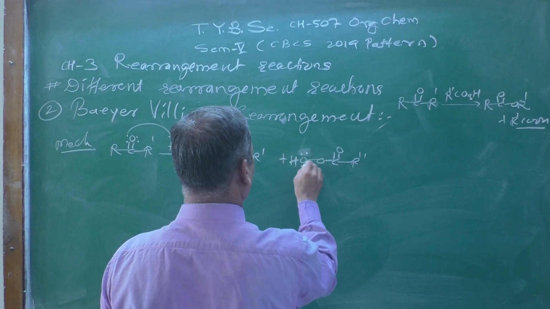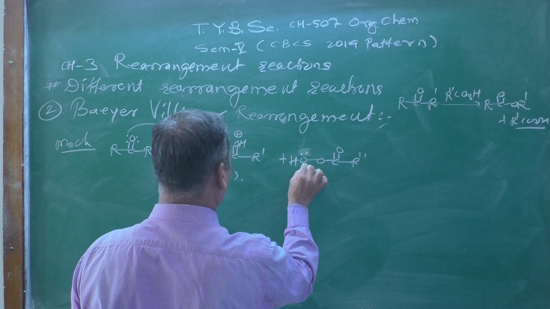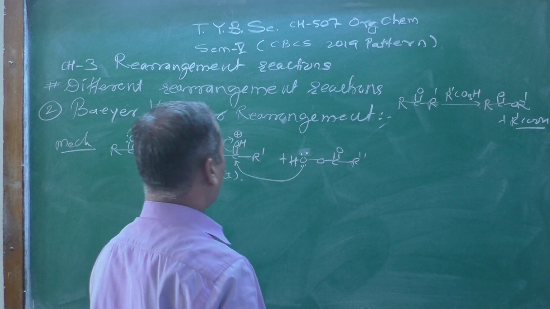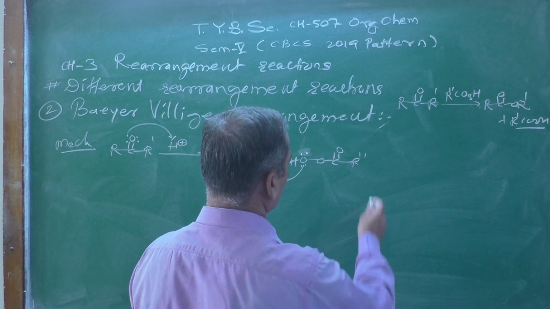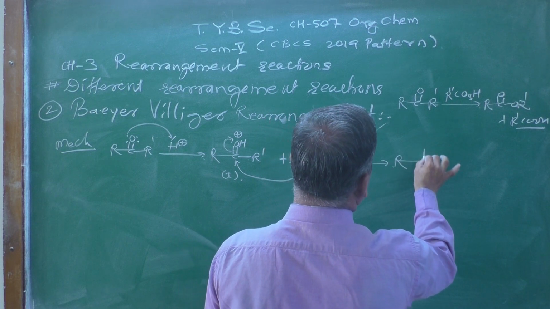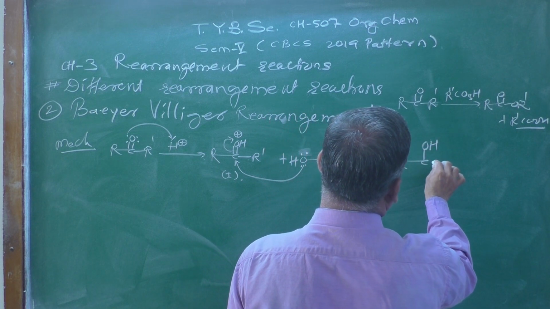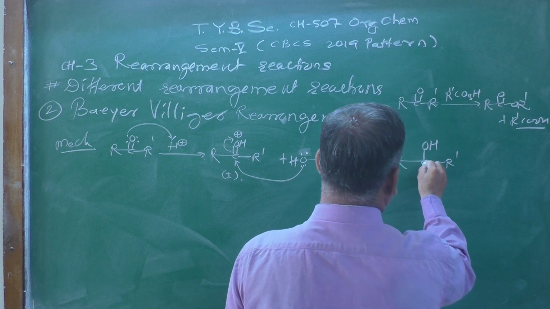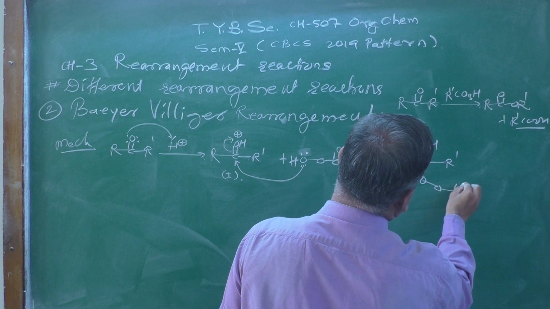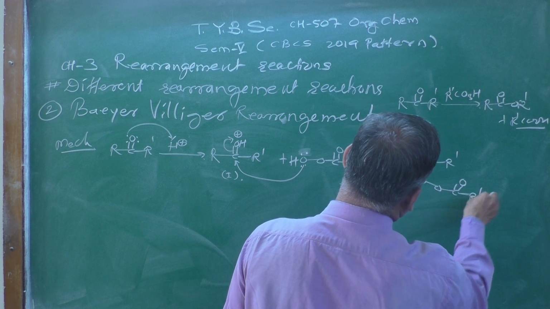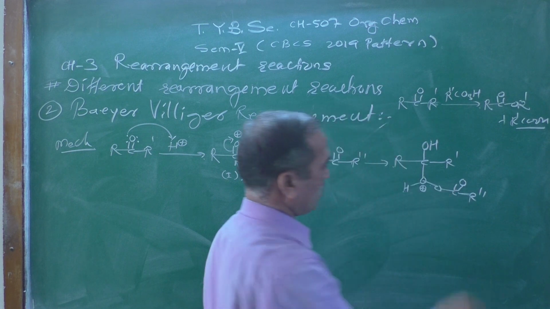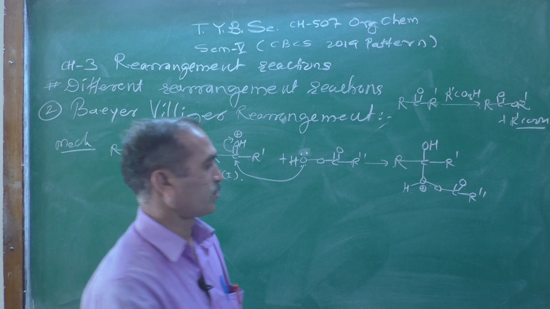Now the lone pair present on that oxygen can attack here, neutralizing that positive charge, so that we will be getting here R, then C O H, then R dash, here I am writing O, then C double bond O, R double dash, with an oxygen atom and a hydrogen atom, and that oxygen gets protonated.